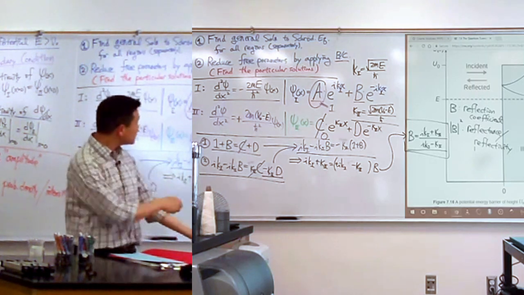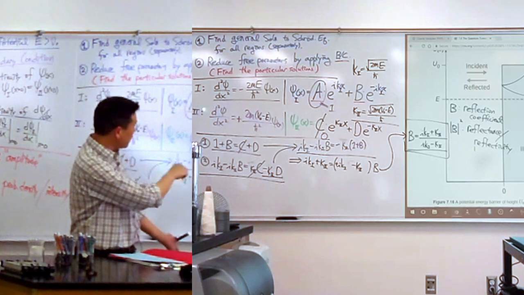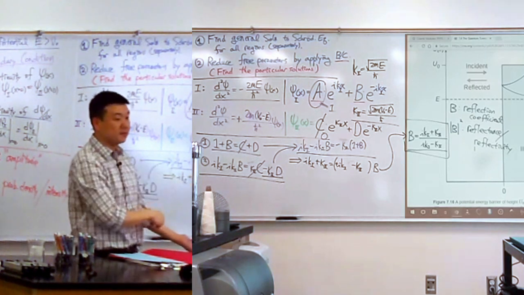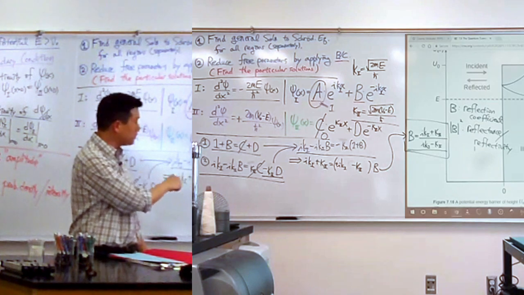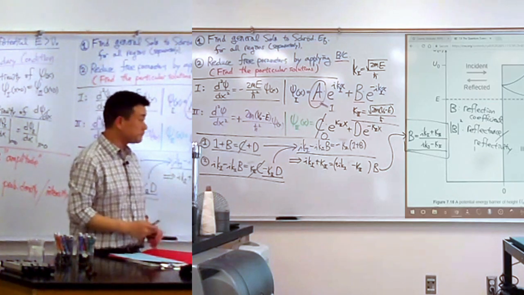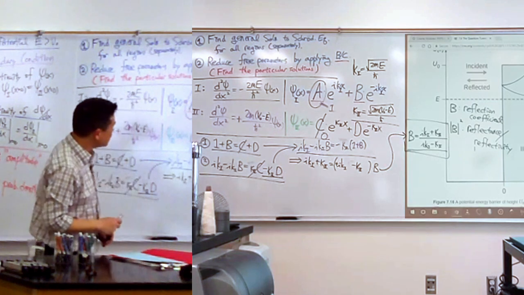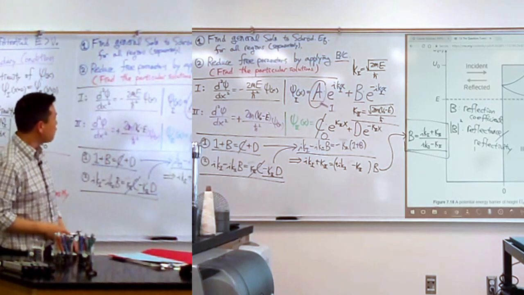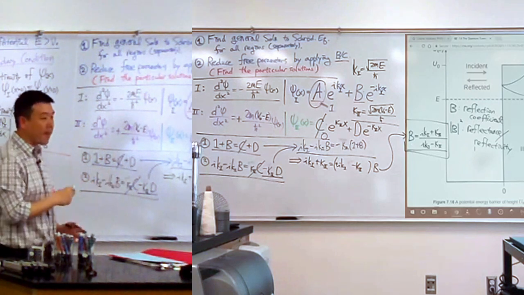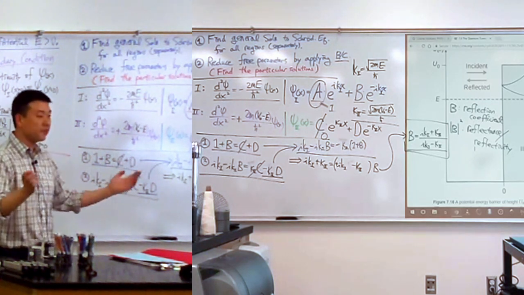But this is not a bound state, right? You have a traveling incoming wave that gets reflected, gets decaying. It's not a bound state, and in general you cannot avoid dealing with complex functions. So, all right, we have this value of B. What does your intuition say: what kind of condition should this B obey, from your classical intuition or your physical intuition?